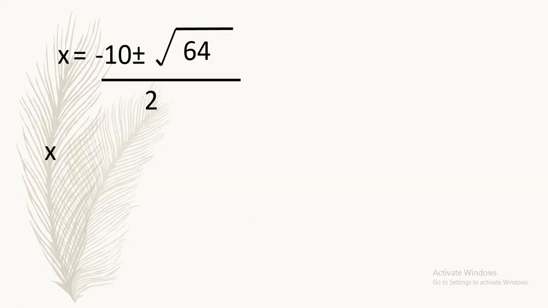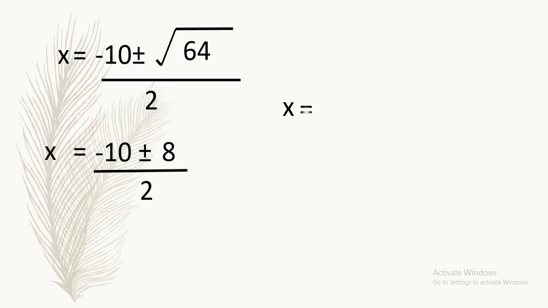Then let us simplify the square root of 64, which is 8. Just copy the negative 10, plus or minus 8, all over 2. Now, let us simplify the numerator. We have two parts, the positive 8 and the negative 8.